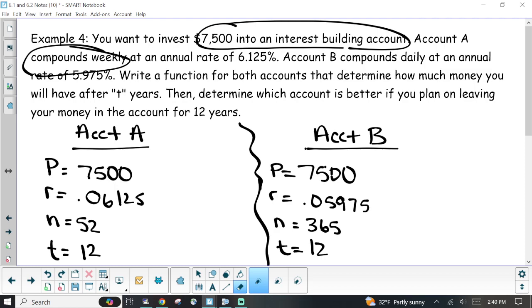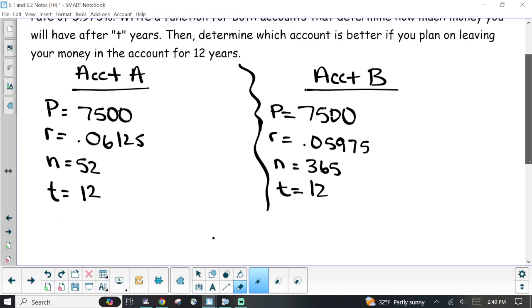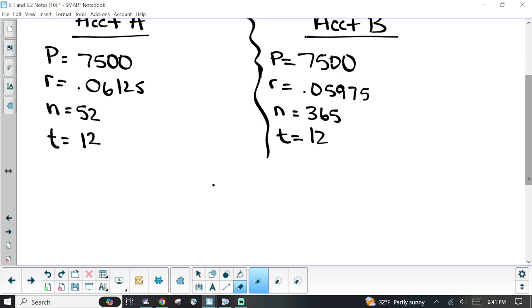Aside from me teaching you, I don't expect you to do the work by hand in real life, but you would have the knowledge to go and check, to type numbers in online to see, should I go with this car loan or this car loan? Should I put my money in this savings account versus this one? We're not even close. I'm going to plug all this stuff in.